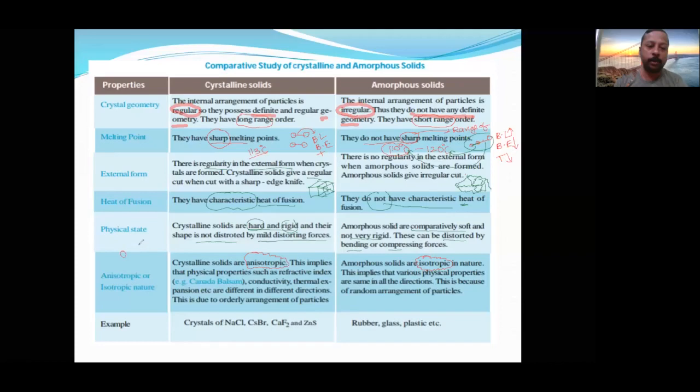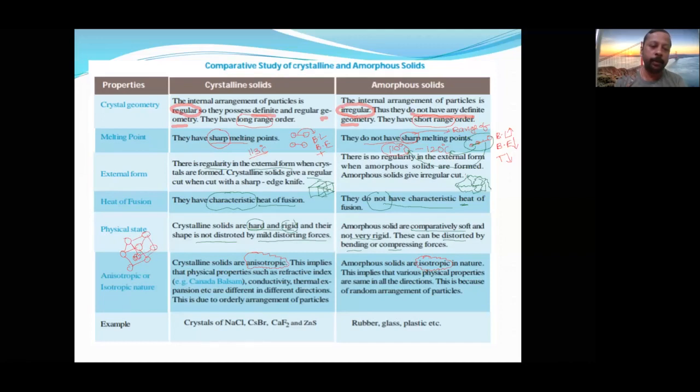That is because of non-compensation. Suppose I am taking this cube. This cube is a crystal, but optical properties are not the same in all directions.